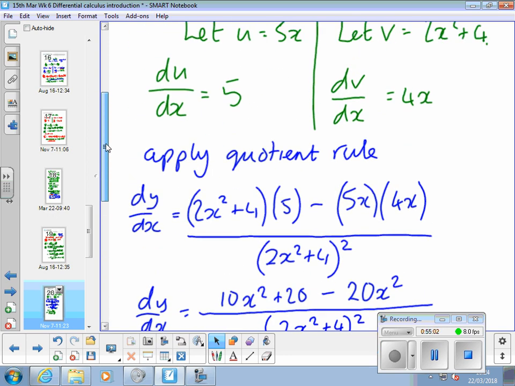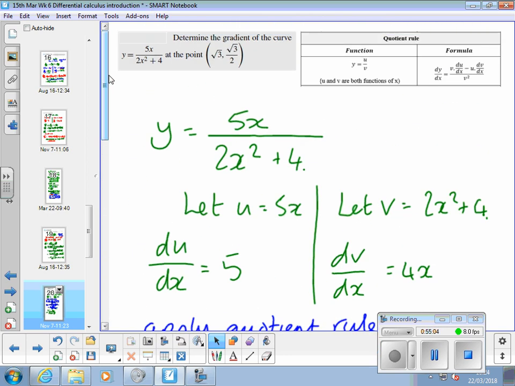Yeah, because the question says find the gradient or the slope at the point root 3, that's the x coordinate and y coordinate. We want the x coordinate, don't we? We want a value of x.